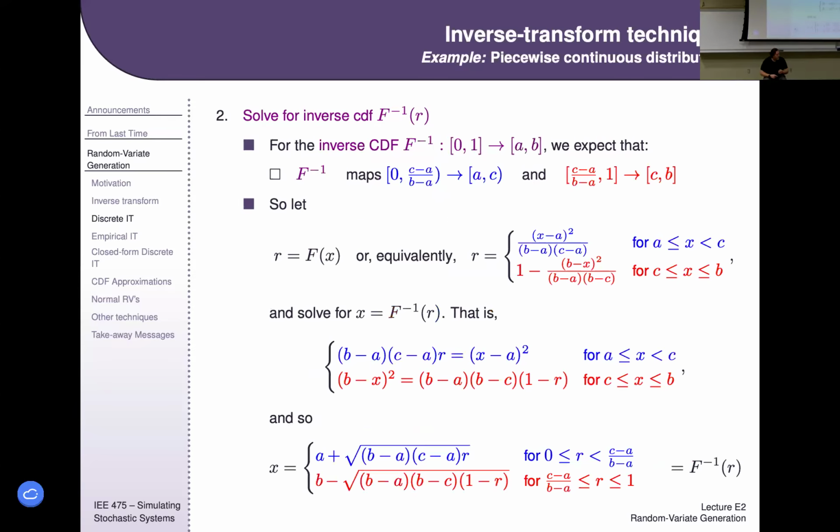So when I look at this, I say, okay, I'm going to set R equal to each one of these and then solve for X. I kind of compressed everything together here, but I set R equal to the blue thing, and then I solve for X. I set R equal to the red thing, and then I solve for X. And those two pieces will be the pieces of my piecewise random variate generator, my inverse CDF.